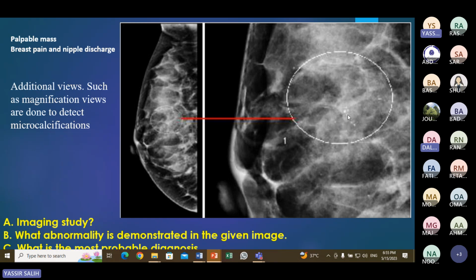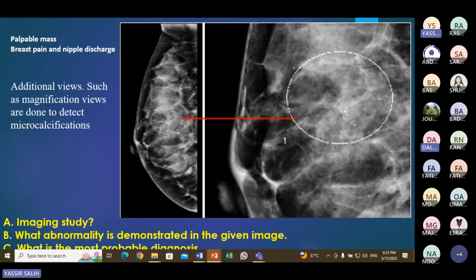What are these spots? Do you see this? Microcalcification. Yes, this is a microcalcification. Calcification, what techniques do we use to see it? X-ray, mammography, fluoroscopy, plain X-ray, CT. Calcification is always white. On X-ray or mammography we call it opacity. So we have microcalcification. Why did we call it micro? Because it is very small calcification. All these white things are microcalcification.